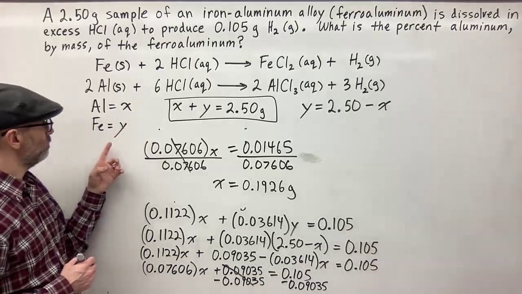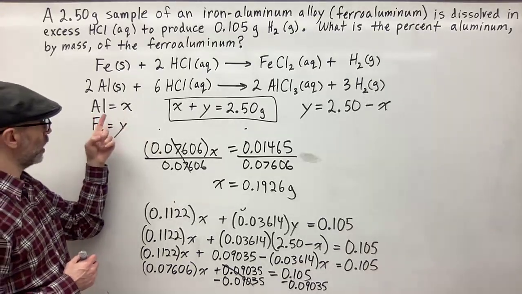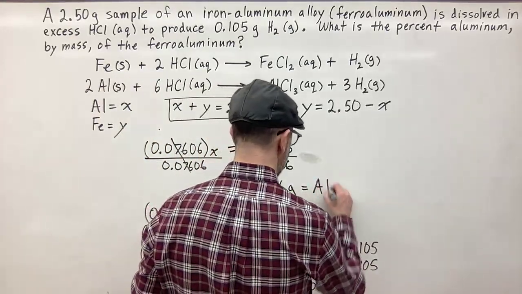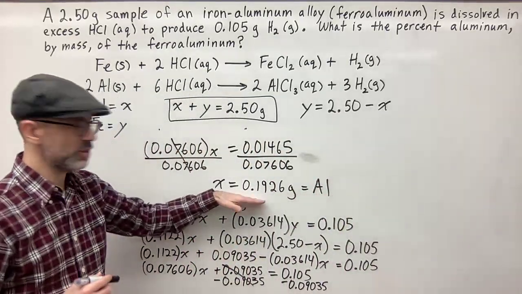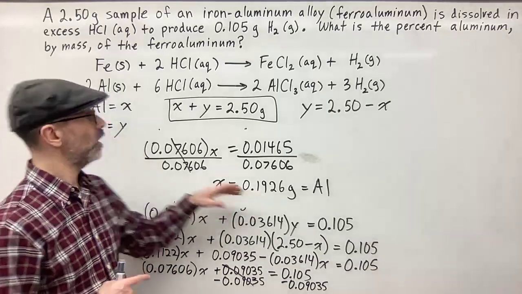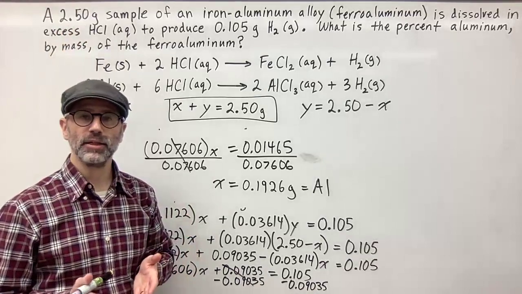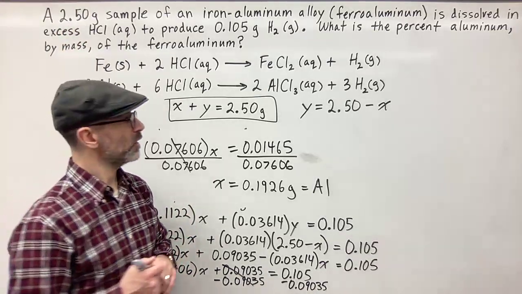So here we have x equals aluminum. So this is equal to the mass of aluminum that was in the original sample of 2.50 grams. We're being asked to calculate the percent aluminum.